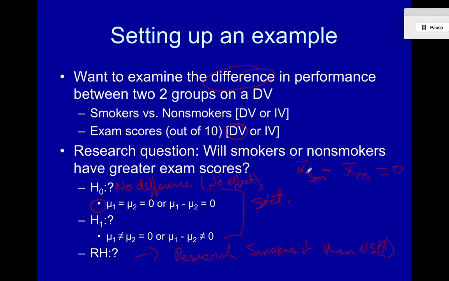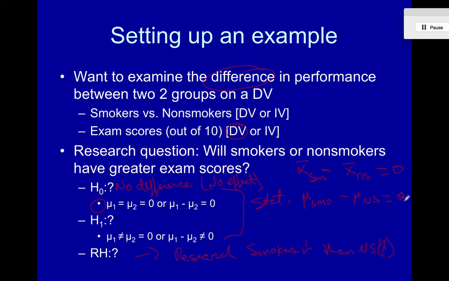So I'm going to assume here that whatever my average is for my sample for smokers, I'm going to have my population parameter of mu smokers. So I'm going to assume that in the population, all smokers are going to function exactly the same as my sample of smokers. So mu1 or mu smokers minus mu non-smokers is going to be equal to 0.